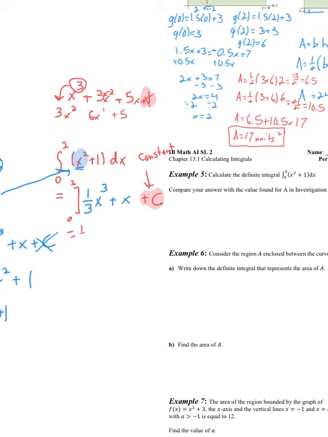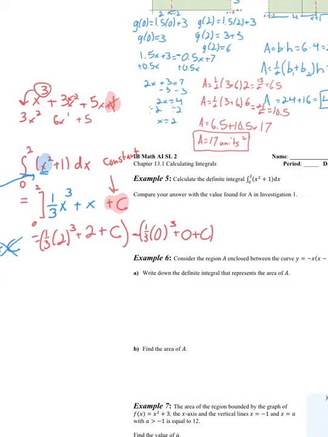And you would plug in 2 to the integral. And then the c is just going to be there. And then you subtract your lower bound limit, 1/3 times 0 cubed plus 0 plus c. That's how you would do this.